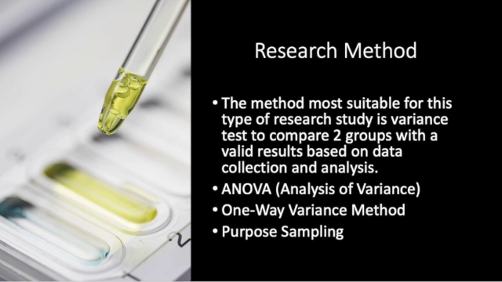Next, we have research method. It says the method most suitable for this type of research study is a variance test to compare two groups with a valid result based on data collection and analysis. So basically what I chose to do was use the ANOVA or analysis of variance test through the method of one way.